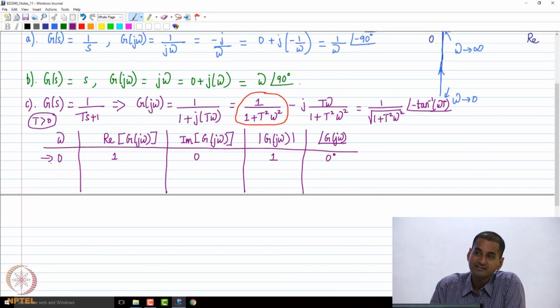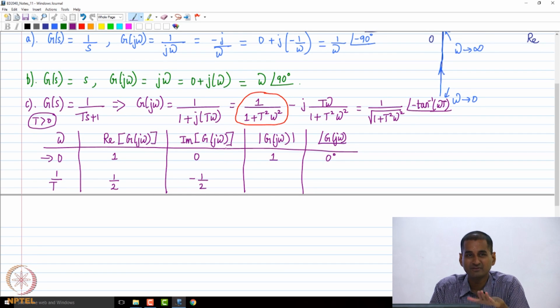Now, having drawn the Bode diagram, can you think of any other critical frequency for first order factors? It's the corner frequency, 1 by capital T. What happens to the real part and the imaginary part at 1 by T? The real part becomes 1 by 2, the imaginary part becomes minus 1 by 2.